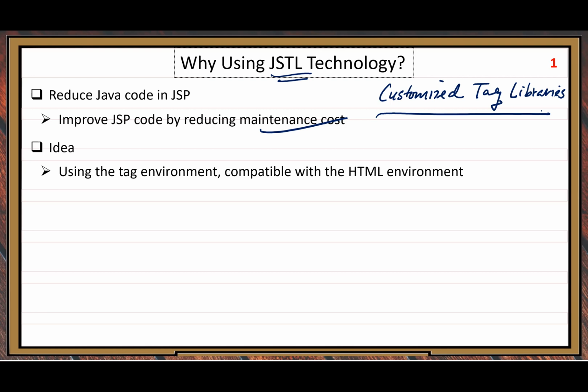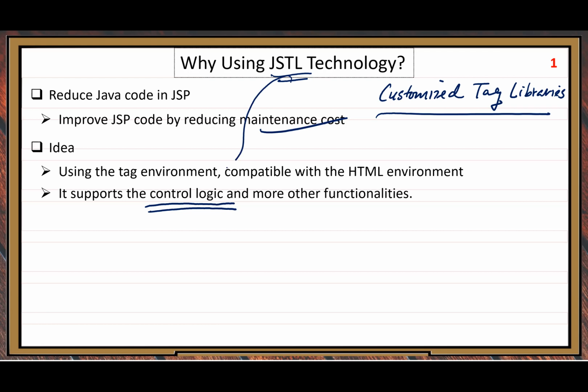Next, it supports the control logic and more other functionalities. Here we use the control logic of JSTL. The reason is simple. With EL, we can only display data, and no more, just display data.